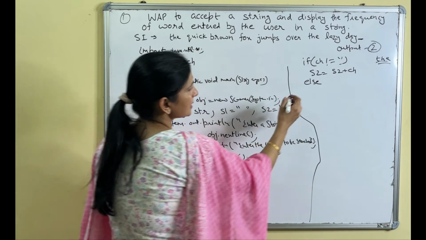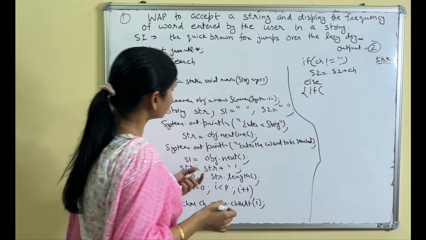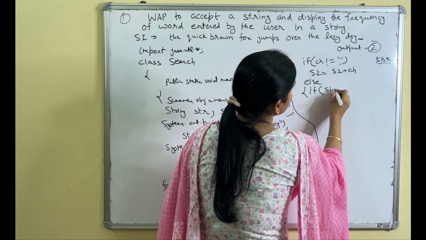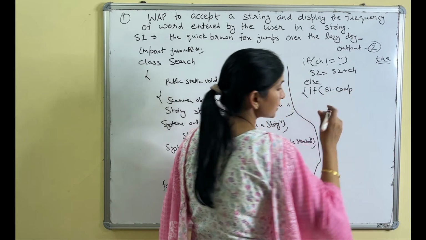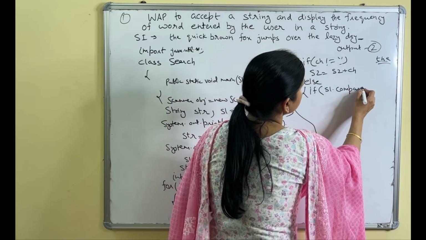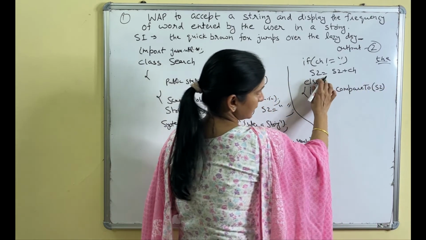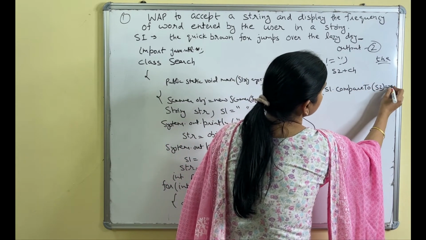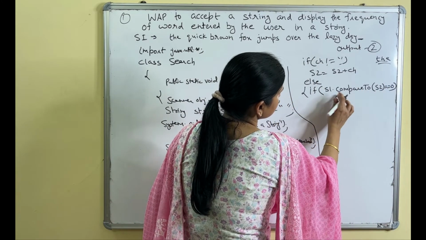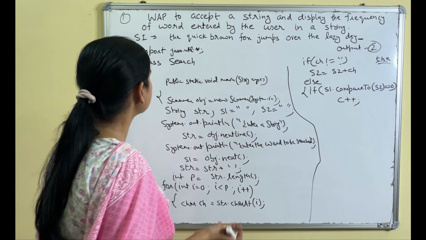And in else, we will apply the condition if, what is the word? The word was s1. If s1.compareTo, here you can use compareTo as well as equals. If s1.compareTo(s2), we have to compare the word with this, equals 0. If both are the same, what do we do? We take a counter, let it be c plus plus, or if it is frequency you can take f.